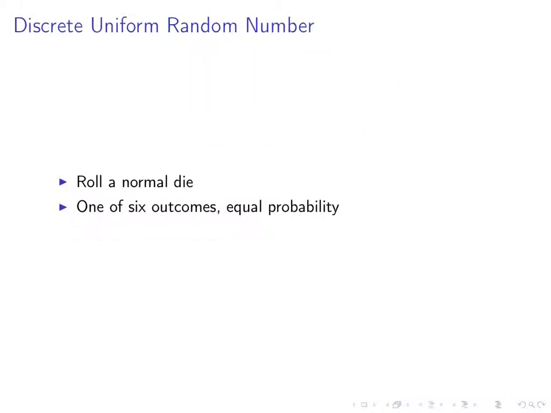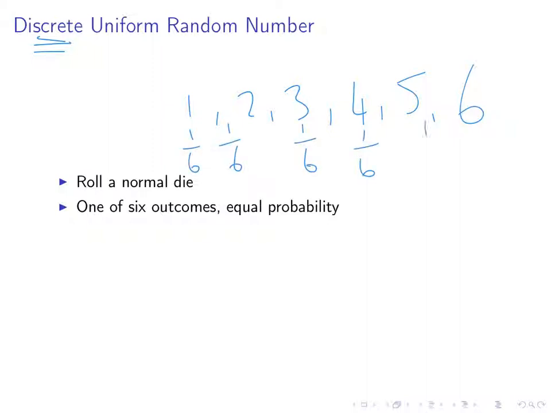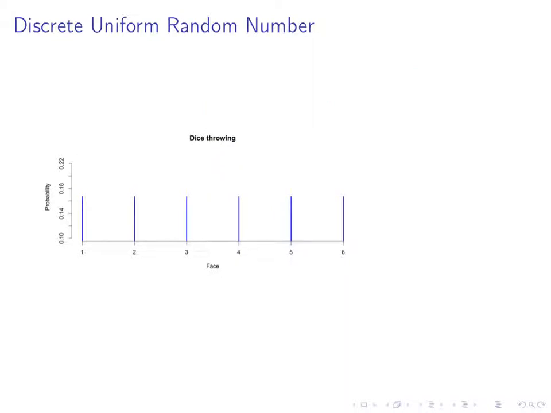The first is something called a discrete uniform random number. If we think about rolling a die, we're going to get any of 6 numbers, and by the naive definition of probability by symmetry, we expect any of these to happen with probability 1 over 6. There are 6 outcomes. The probability any one of them happens is 1 over 6.